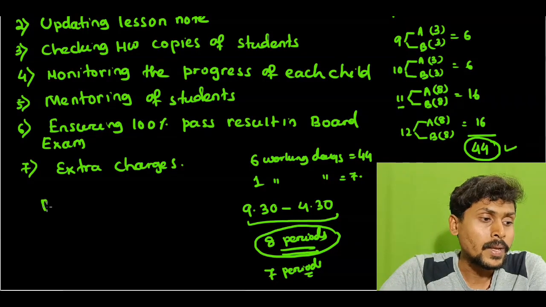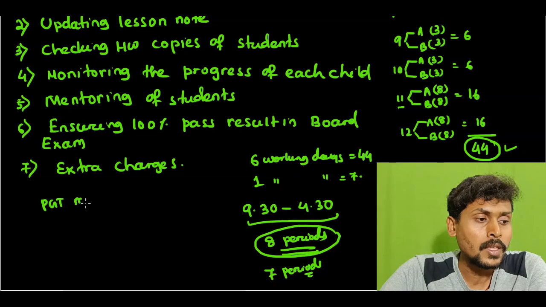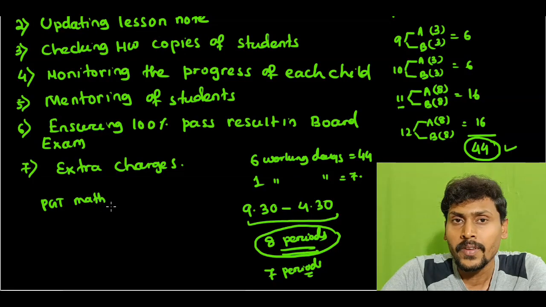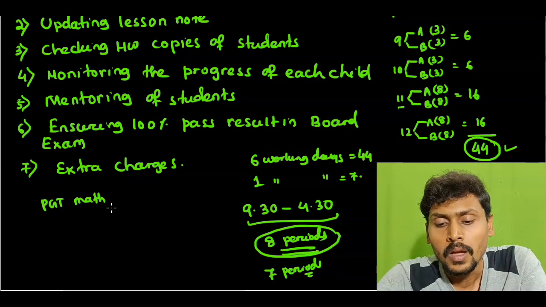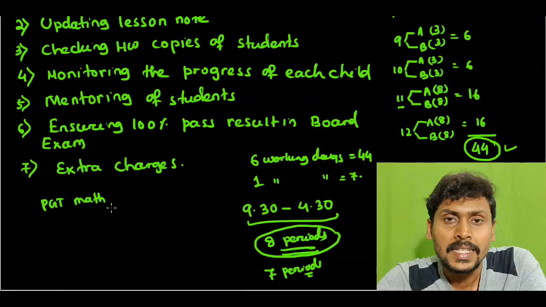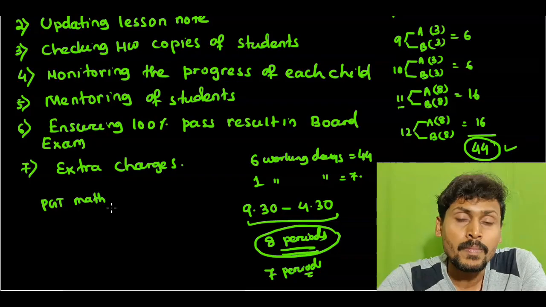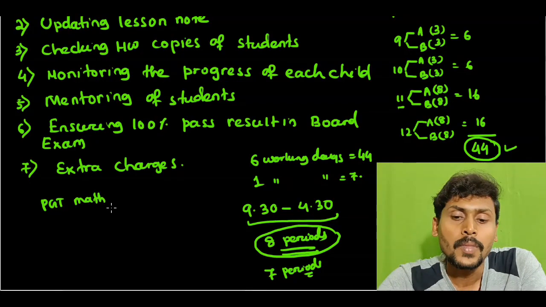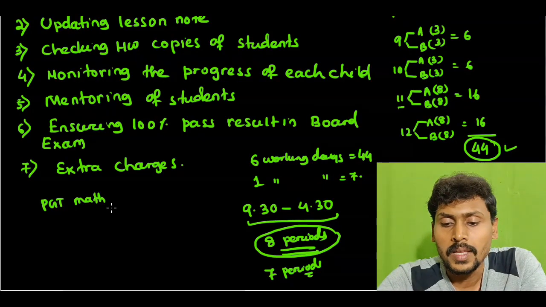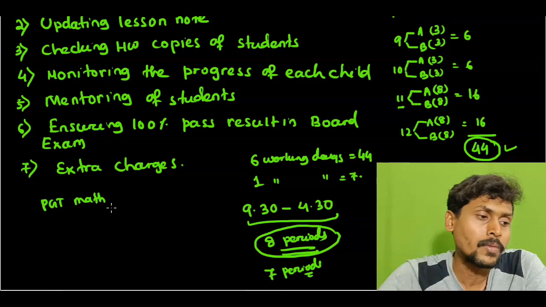If you are PGT mathematics then you have to teach in class 11 and class 12 only because in each OAV there are two TGT math teachers and they will manage from class 6 to class 10. The PGTs will take classes 11 and 12.